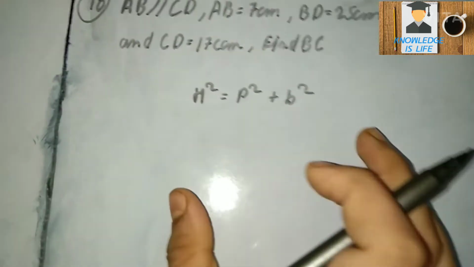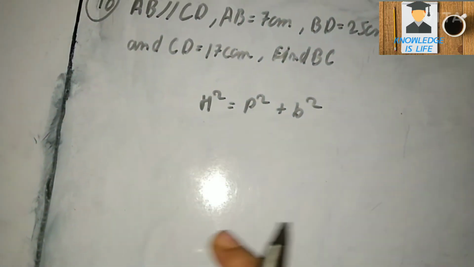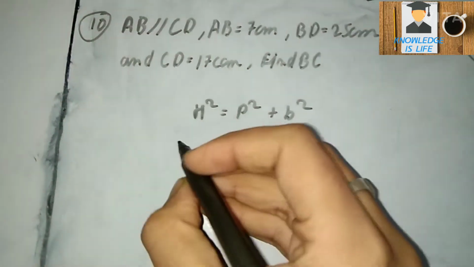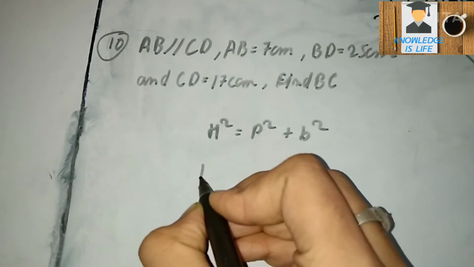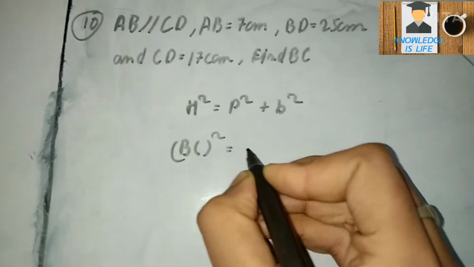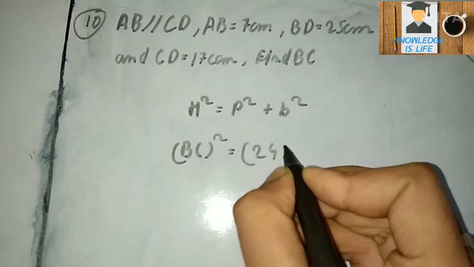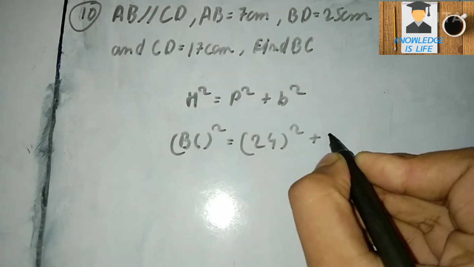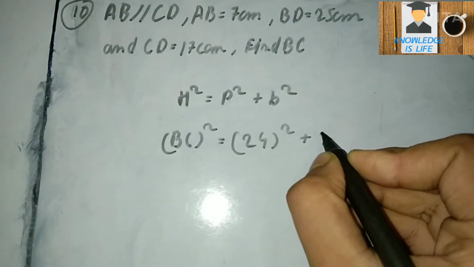So friends, now I am not denoting the sides, I am directly going to the equation numbers. So our BC square equals 24 square plus CD, meaning 10 square.